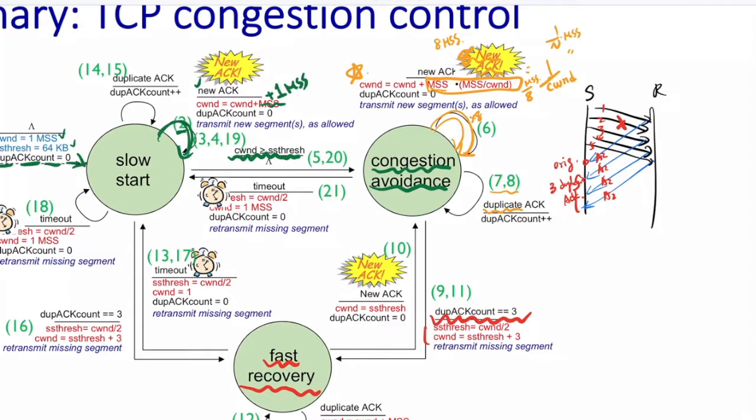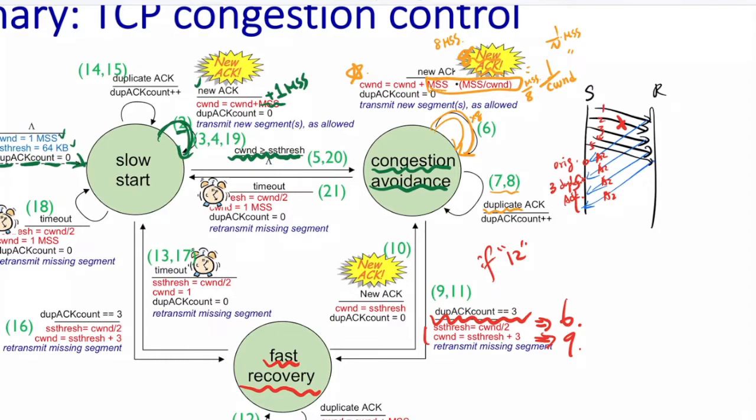For example, if the current congestion window is 12, then the slow start threshold will become 6 if you receive 3 duplicate ACKs, and the current congestion window will be 9.